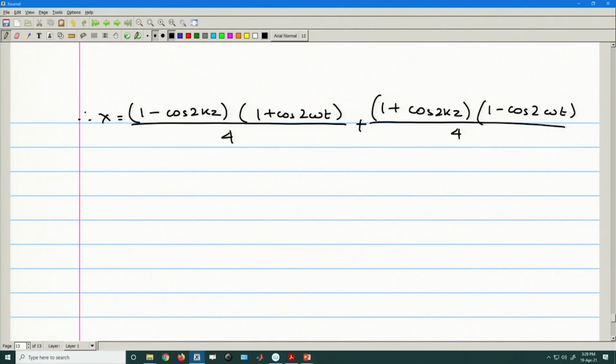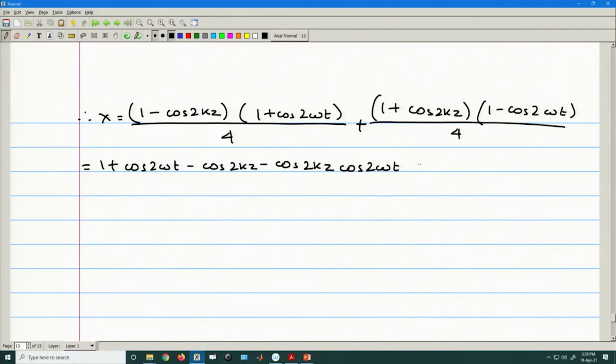So, we will just multiply and open up the braces, then we will get 1 plus cos of 2 omega t minus cos of 2 kz minus cos of 2 kz cos of 2 omega t, right.